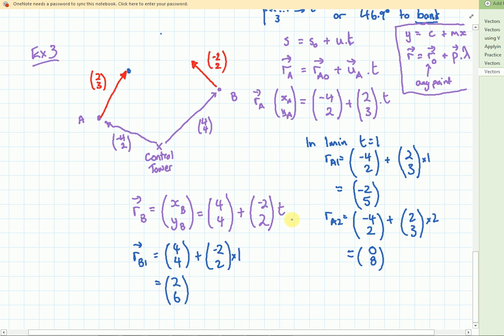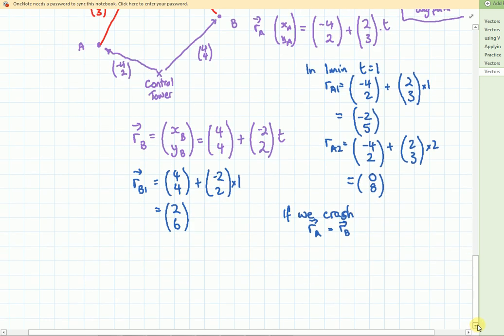will they actually hit each other? Because we're using the same time, you can actually write, if they clash, then we have RA equals RB.